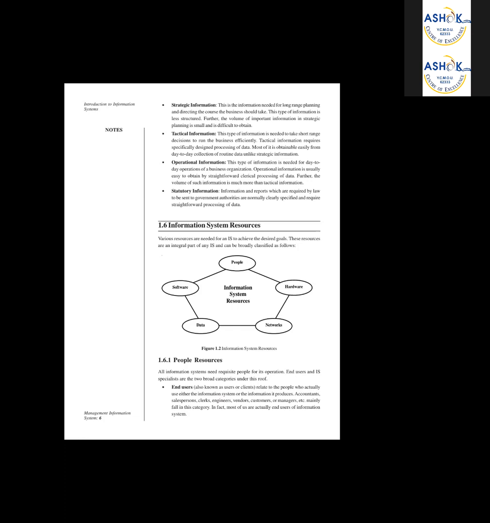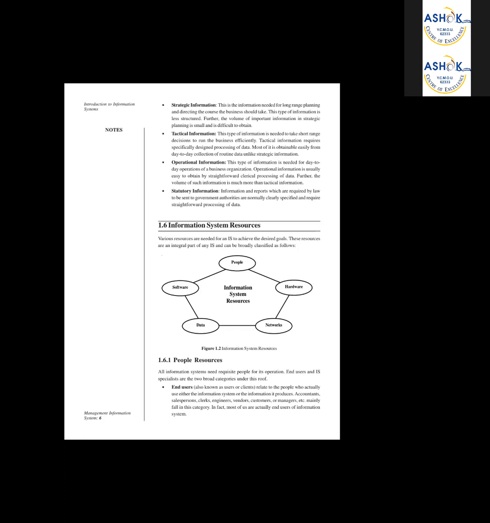First, end users. End users, also known as users or clients, are the people who actually use either the information system or the information it produces. Accountants, salespersons, clerks, engineers, customers or managers, etc. mainly fall in this category.